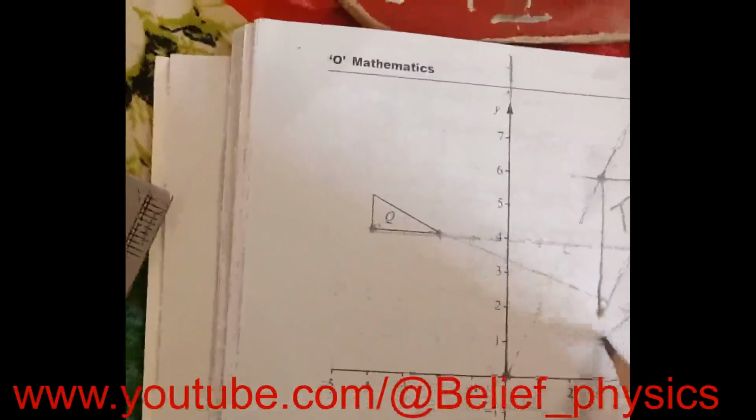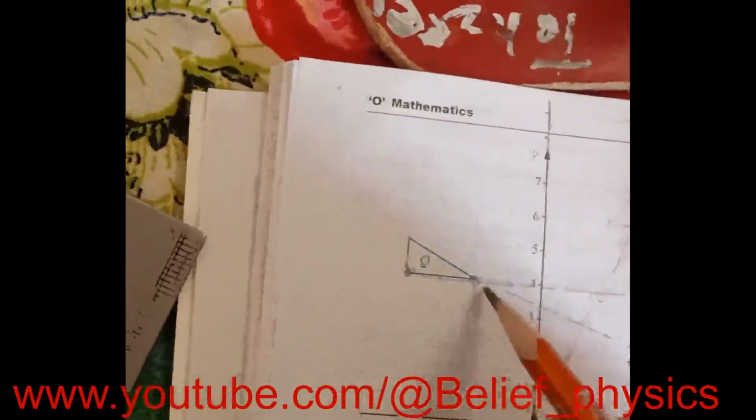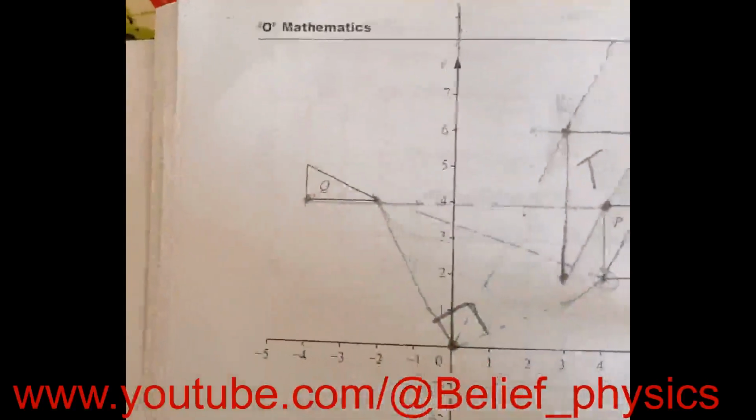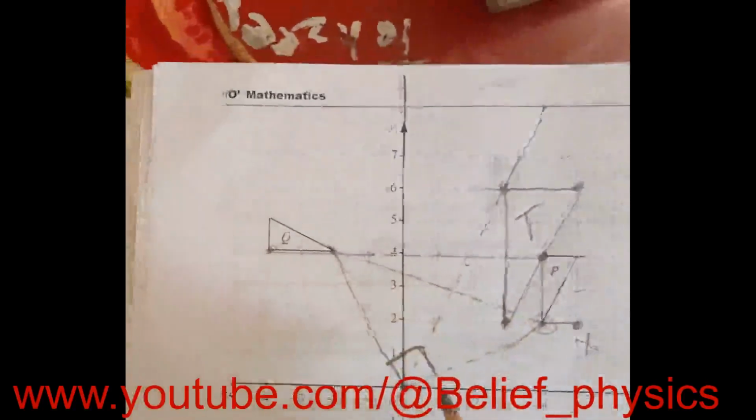So O, the origin, is the center of the transformation, and the transformation is a rotation. The angle between object and image is 90 degrees anti-clockwise. So the transformation that maps P onto Q is a 90 degree anti-clockwise rotation about the origin.